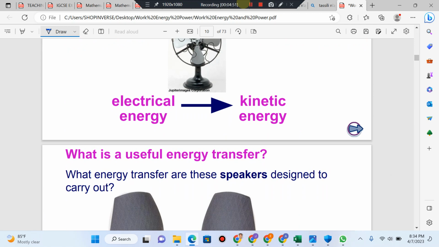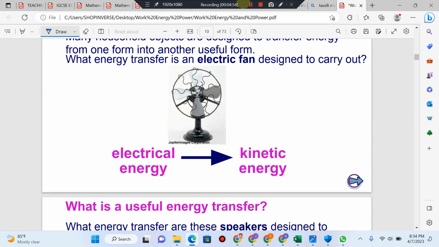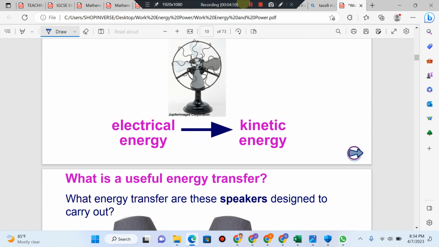We talked about transformation of energy, when energy is converted from one form to another. For instance, this electric fan converts electrical energy to kinetic energy. The energy supplied from the power supply unit is converted to kinetic energy.